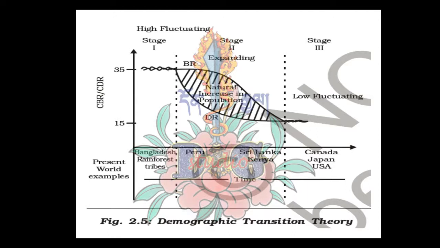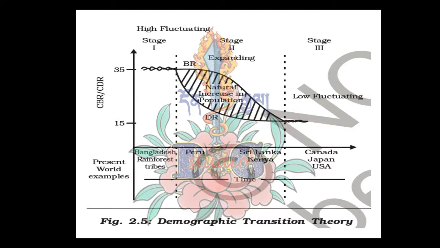Because of that they have a very low birth rate as well as low death rate, and most people are engaged in the service sector. So these are the three stages of the demographic transition theory.